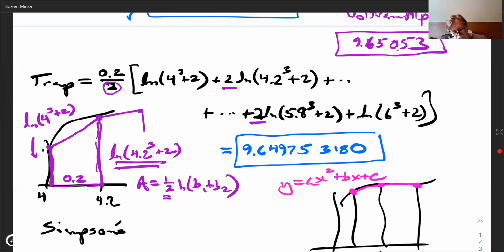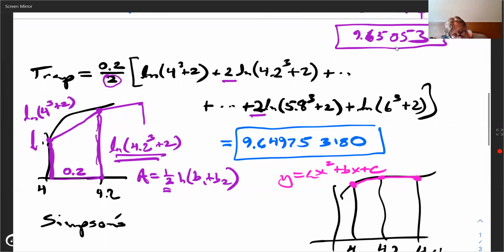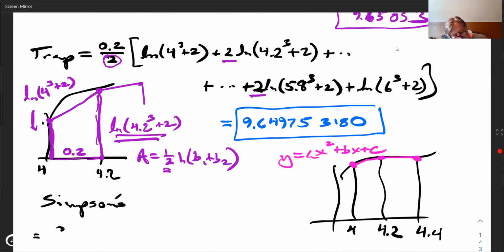I don't typically do the algebra. The only thing for you to know is this becomes 0.2, which is b minus a over n, and then there's a 3 multiplier. And inside here, it's still the natural log. The trapezoid and Simpson's are very similar. You've got 4 cubed plus 2, but instead of going 2, 2, 2, 2, 2, it alternates. It goes 4, 2, 4, 2, 4. And the first one's a 1, the left endpoint.